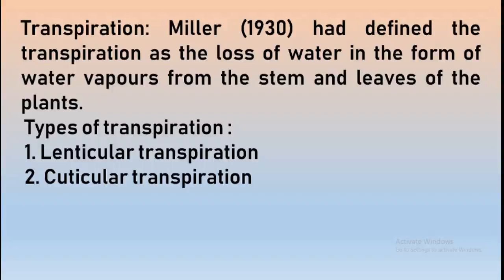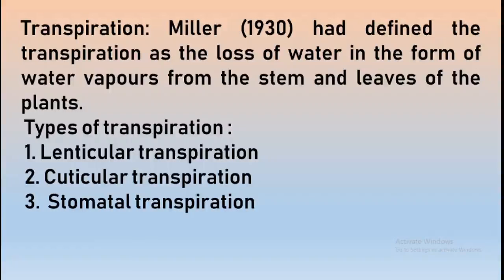Such loss of water in vapor form through the cuticle is called cuticular transpiration. In leaves with thin cuticle under dry condition, when stomata are closed, cuticular transpiration becomes more significant. Out of total loss of water from the plant body, only 5 to 10% is due to cuticular transpiration.